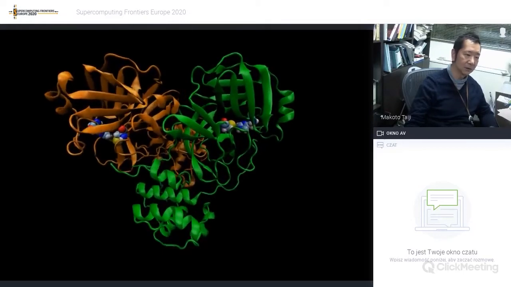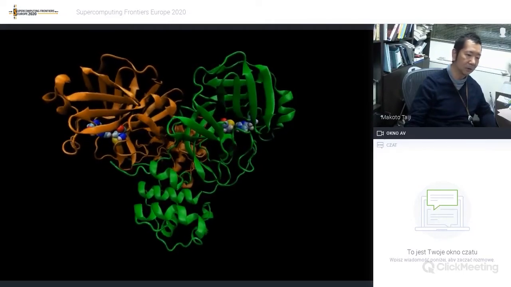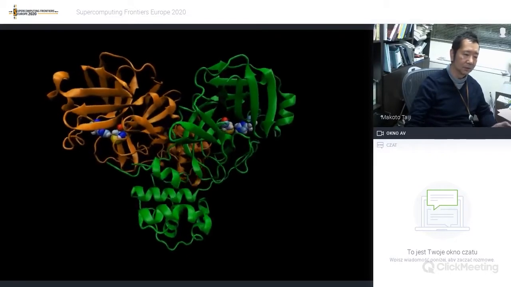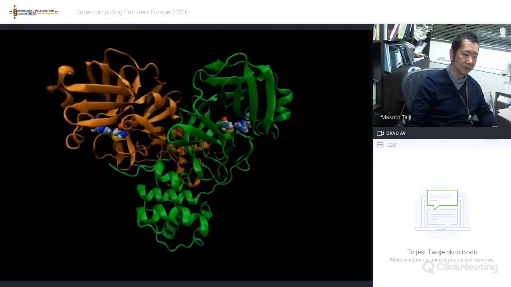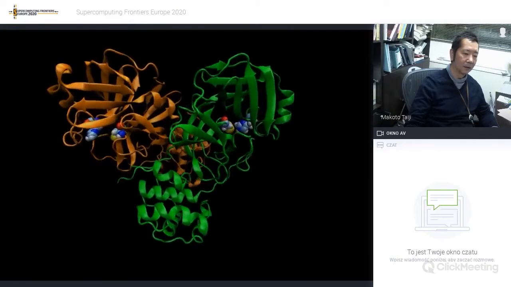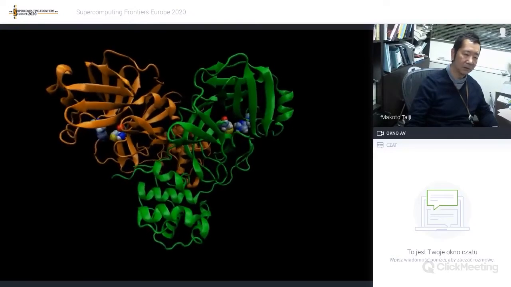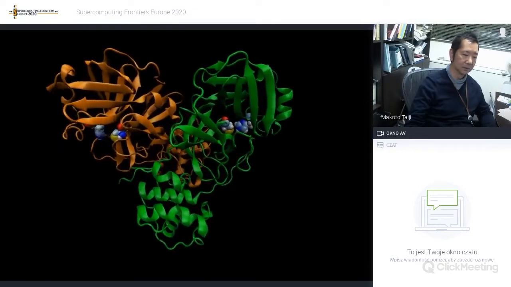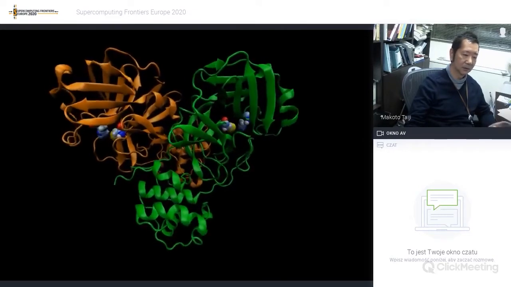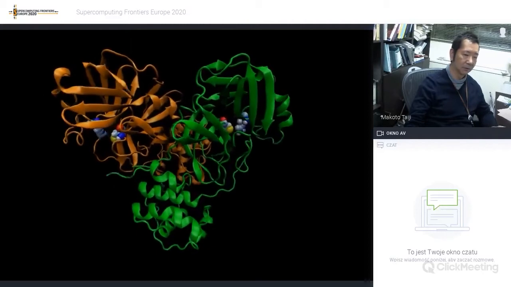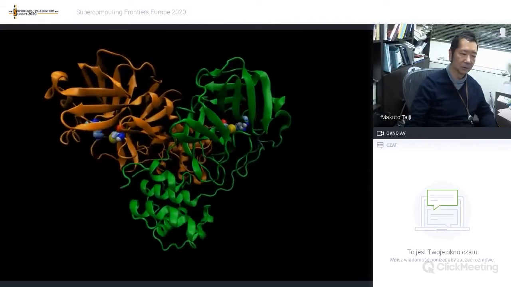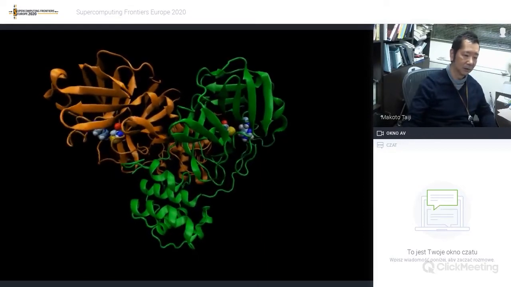This is the main protease, a dimer of the main protease of coronavirus, and we recently finished this 10 microsecond simulation in less than 10 days using our newest machines. So we can calculate about 1 microsecond per day. This kind of simulation can be done very rapidly.